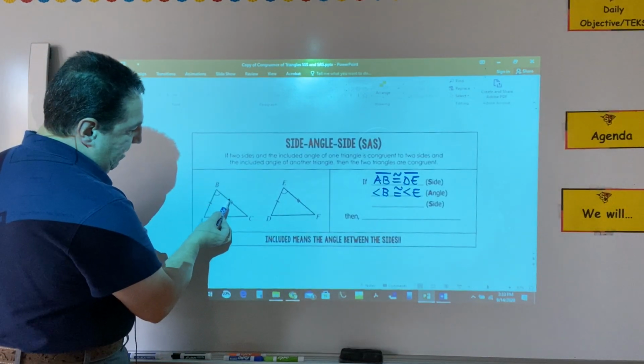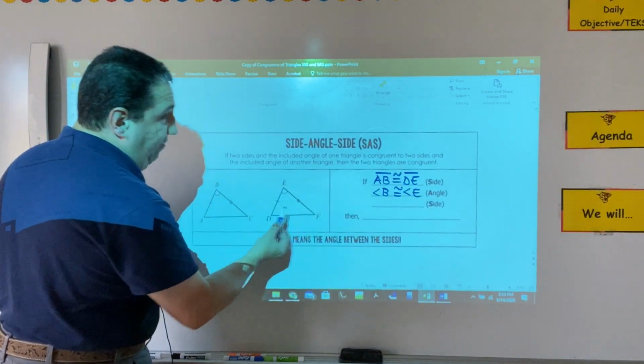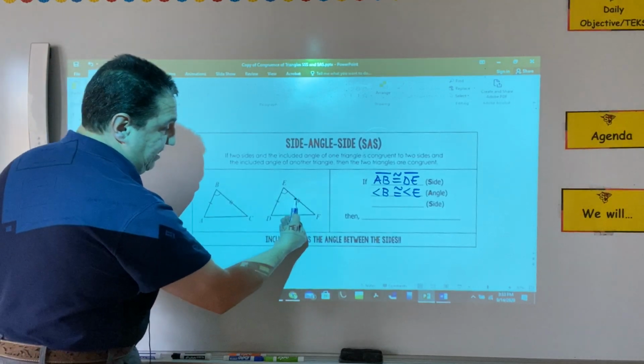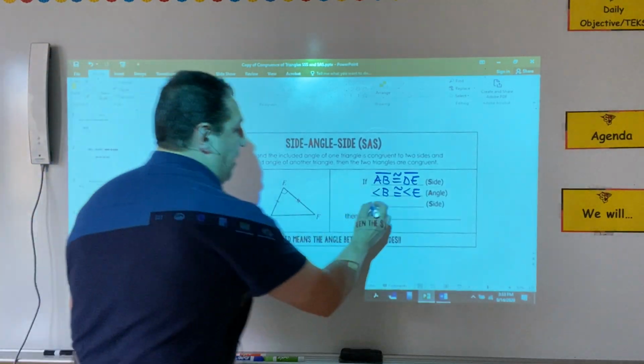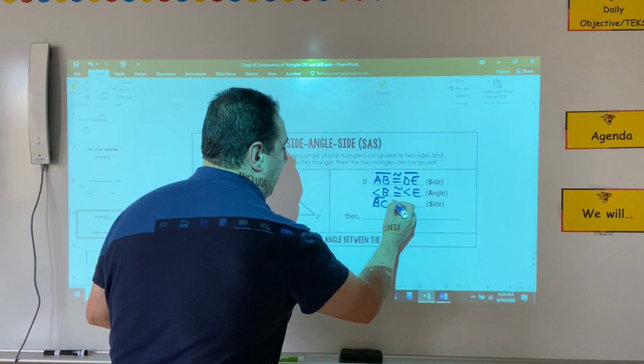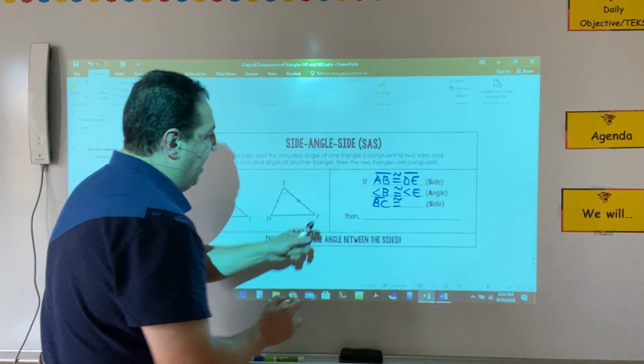As we can see, BC and EF are congruent. Why? Because they have the same number of markings. We can say BC is congruent to EF.